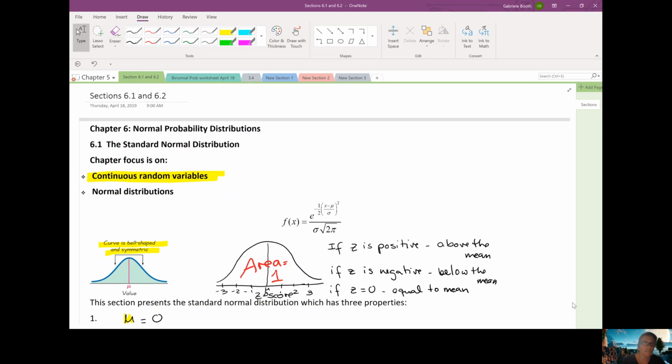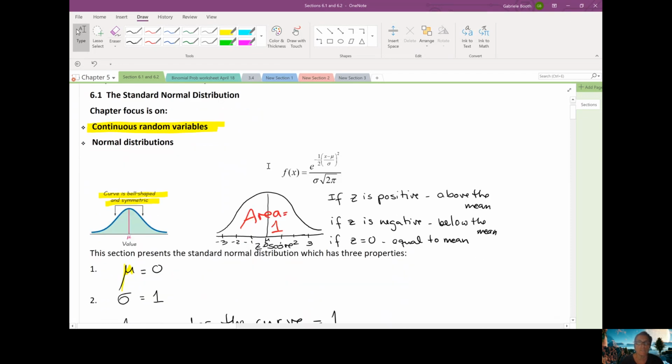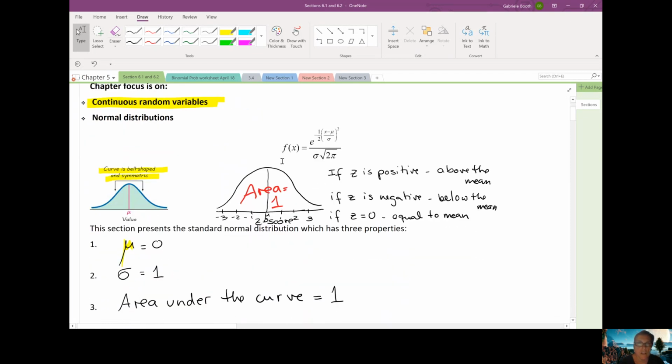In chapter 6, now we're looking at continuous random variables, and lucky for us, they can take on the form of a bell-shaped curve, and thus we can find the probability for these continuous random variables. Examples are height, weight, length, distance, anything that cannot be counted 1, 2, 3.